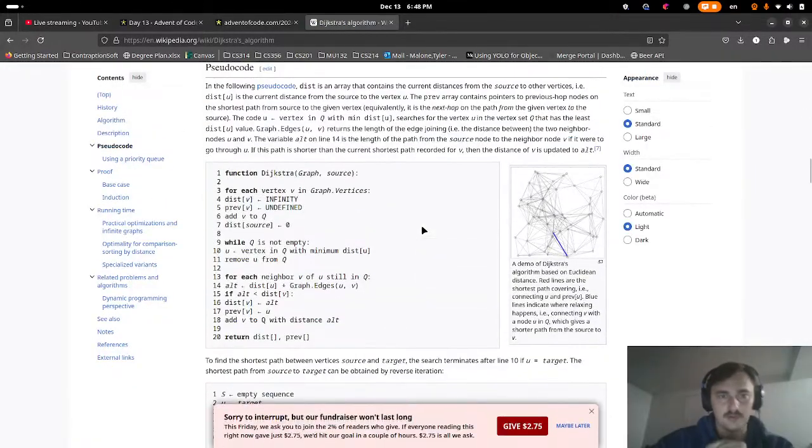There's some pseudocode here. Oh yeah, we need to make a graph. And like I said, the search space is ginormous. So I'd have to make a graph for each one of these machines.